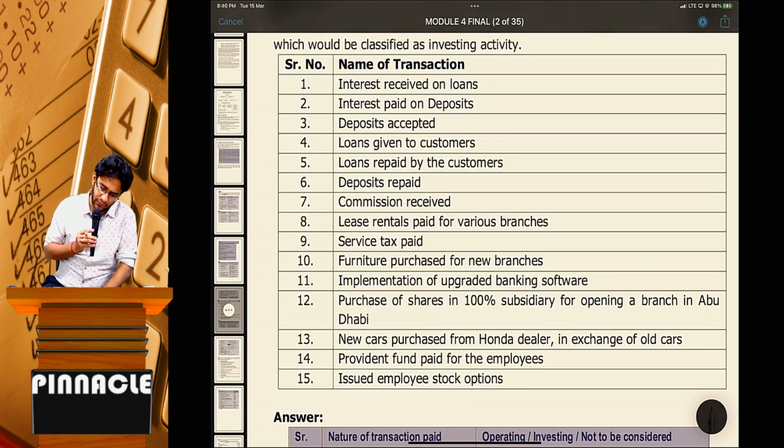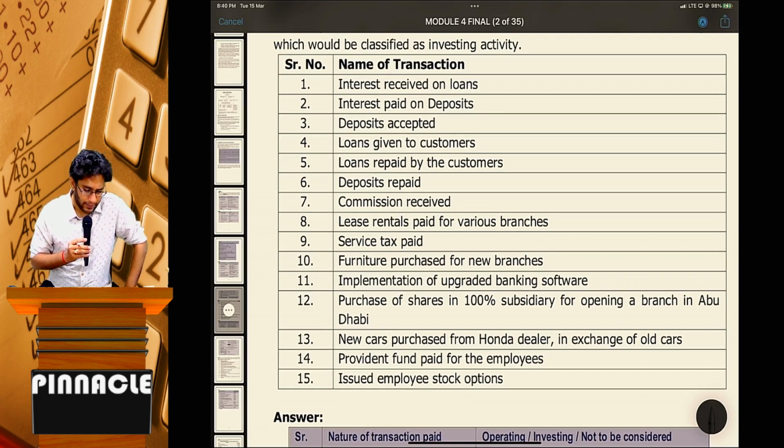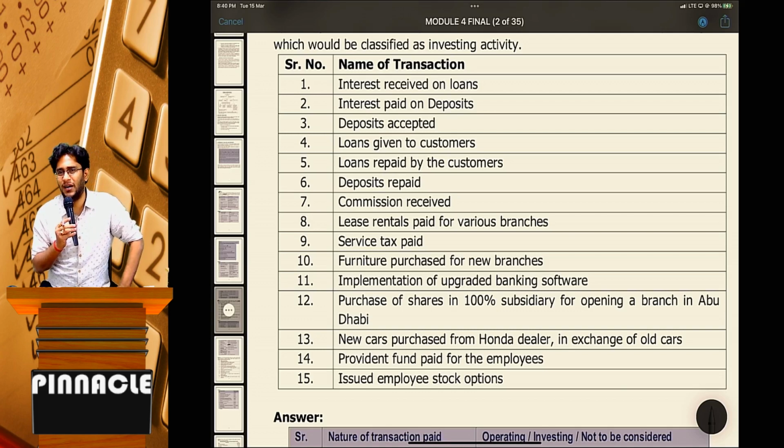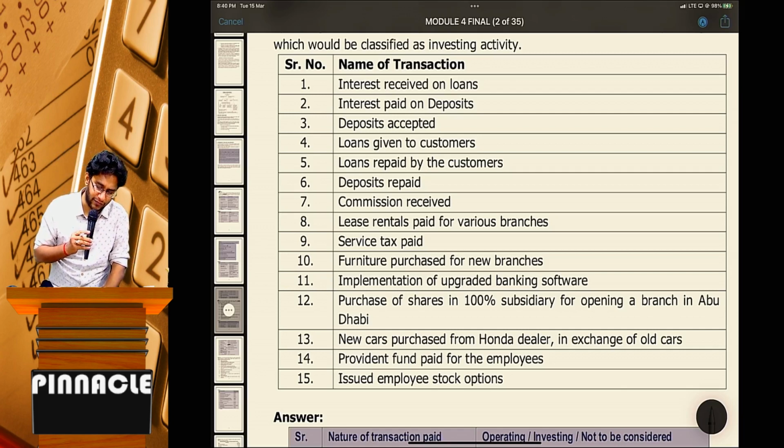Service tax paid, operating. Furniture purchased, investing activity. Implementation of upgraded banking software, investing activity. Purchase of shares in subsidiary. Purchase of shares, subsidiary or non-subsidiary doesn't matter right now, for classification at least, investing activity. New cars purchased from Honda dealer in exchange of old cars, non-cash, unless something is exchanged in cash.